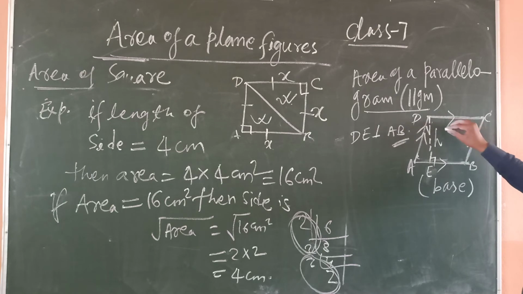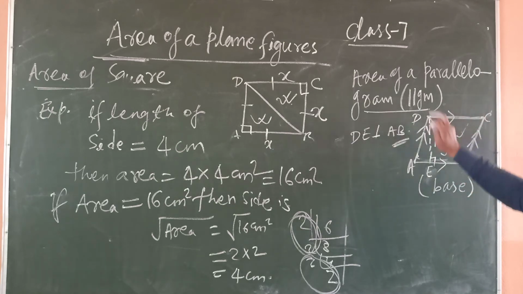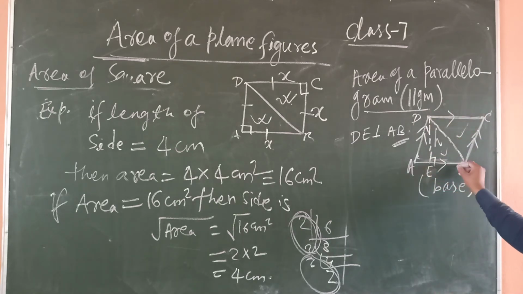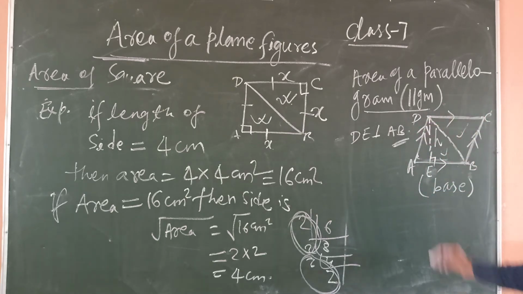See, in class 9 you will study the properties of a parallelogram. One property is that a diagonal of a parallelogram divides it into two congruent triangles. BD is a diagonal and it divides parallelogram ABCD into two congruent triangles ABD and CDB.